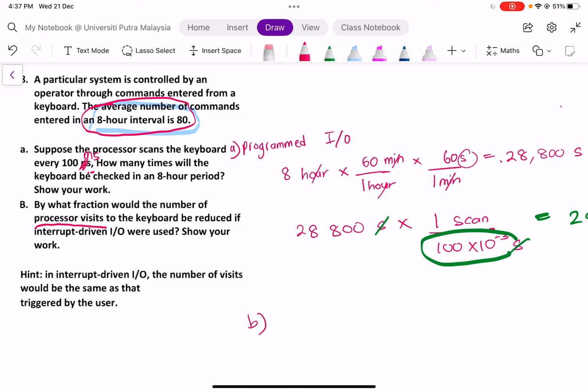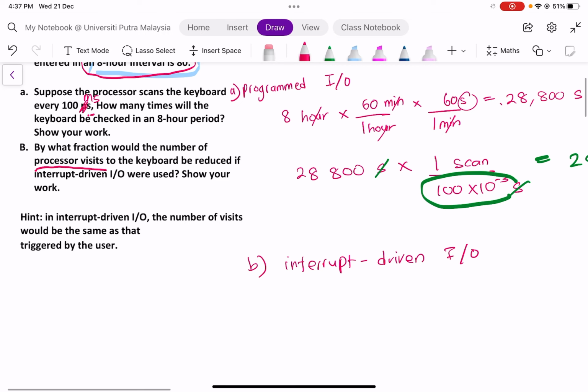First of all, we need to compare the fraction between user-initiated and programmed I/O. For part B, we are talking about interrupt-driven, or user-initiated, I/O. So now we compare between the two.